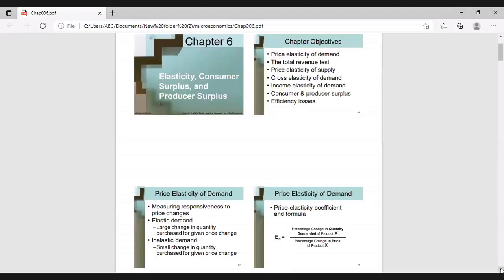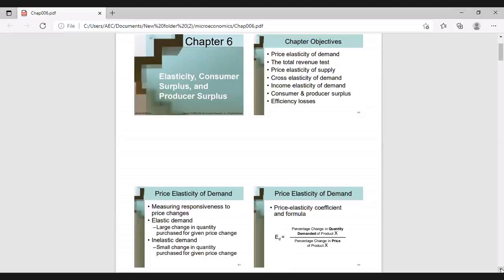So if the consumer responds largely for a given price change, their response is large, then we can say that demand is elastic.